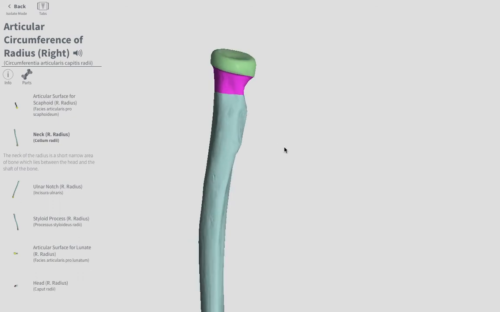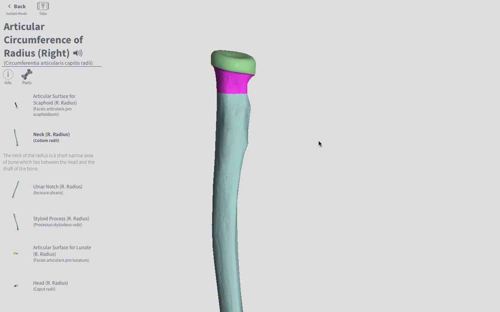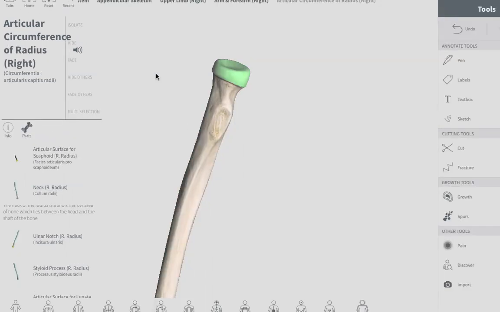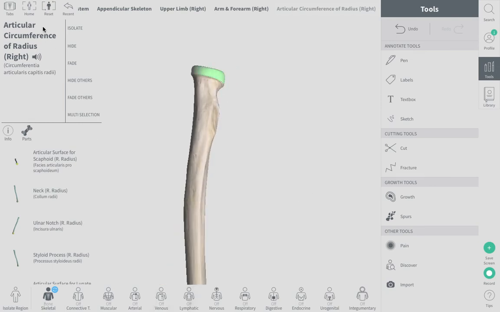The radial tuberosity, remember tuberosity is a new term. It's another kind of rough surface where muscles can insert. So the radial tuberosity here, tuberosity, tubercle sounds similar, so that's useful.